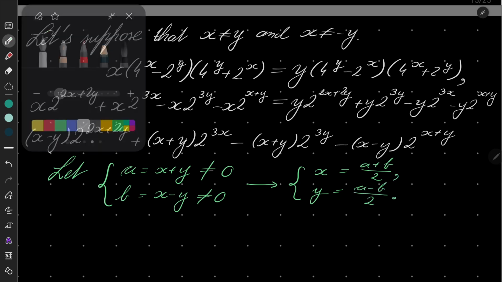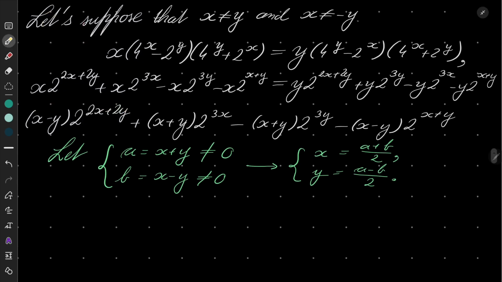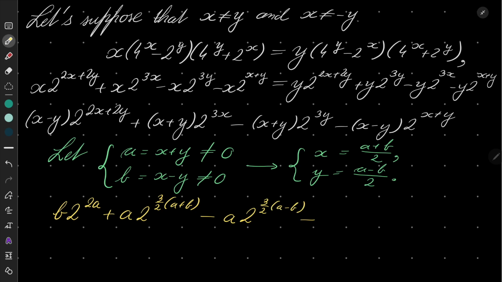Okay, after substitution, we will get the following: b times 2 to the power 2a plus a times 2 to the power 3 over 2 times a plus b, minus a times 2 to the power 3 over 2 times a minus b, minus b times 2 to the power a equals 0.